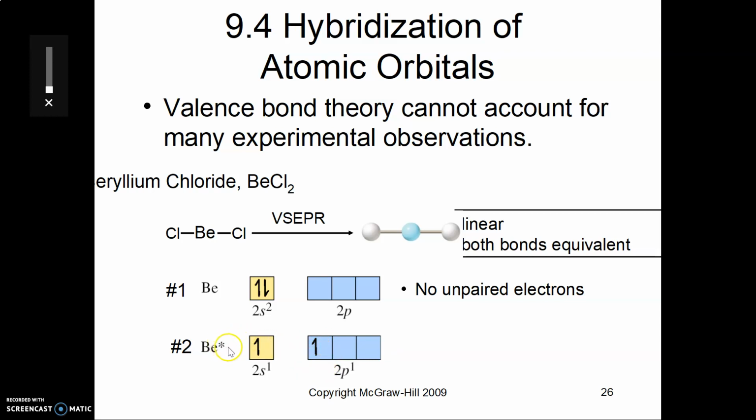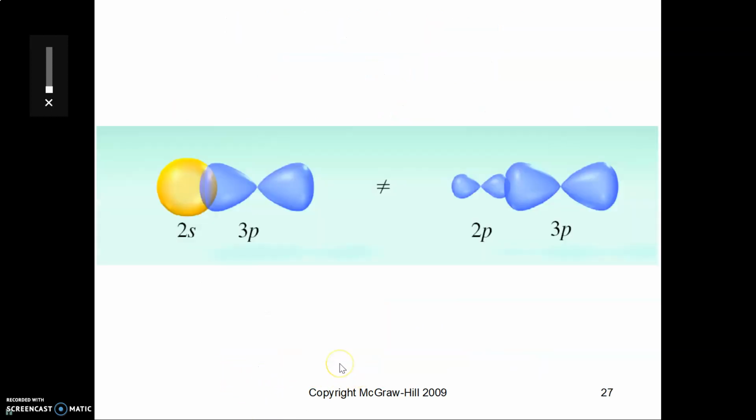This star just means it's in an excited state because we've added energy. So we have 2 types of overlap with our 2s and our 2p. Okay, so we have 2s and 3p, and 2p and 3p. They're just saying these are not the same thing.